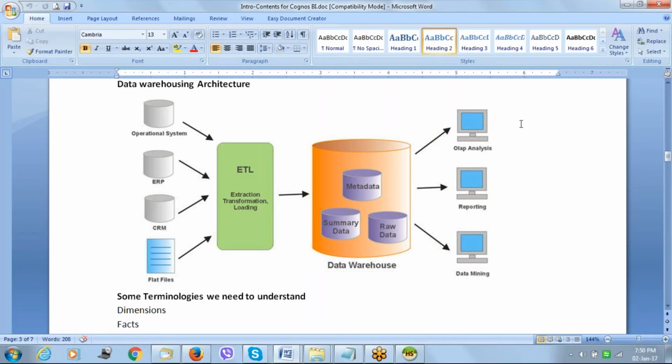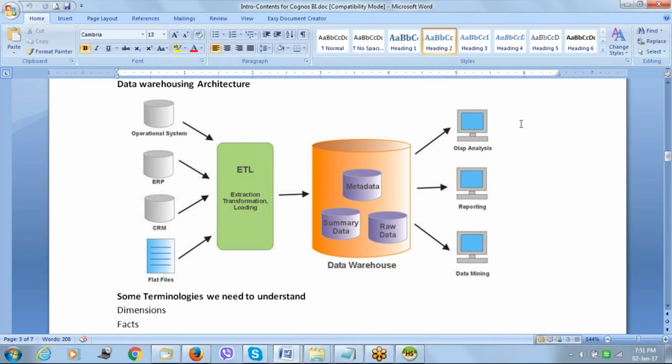For example, if you buy a car, our customer data will be completely stored with the salesperson. After some time he will ask for a service, all those things. ERP means enterprise resource planning. For an enterprise, let us consider a manufacturing company, for example a pharmaceutical company which manufactures medicines.